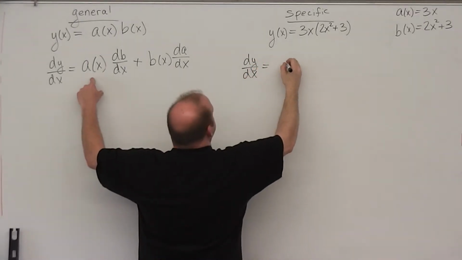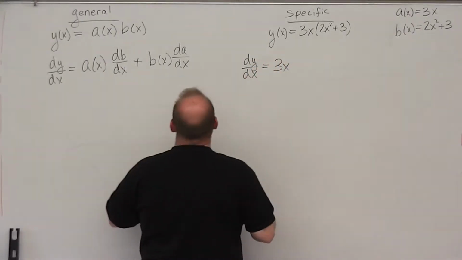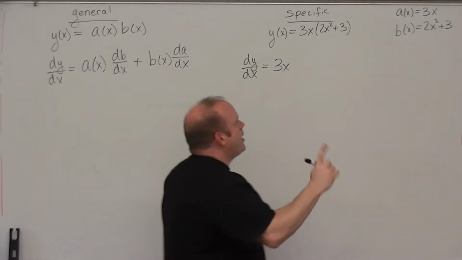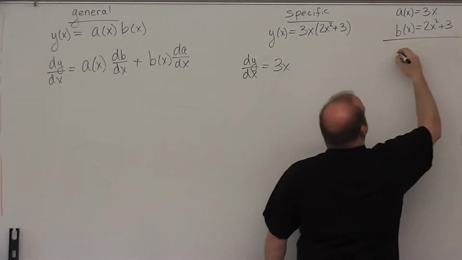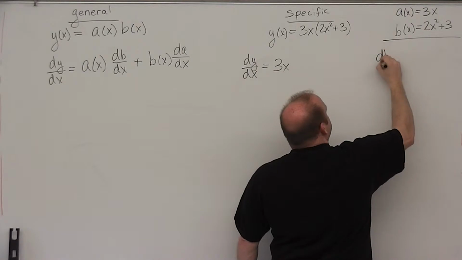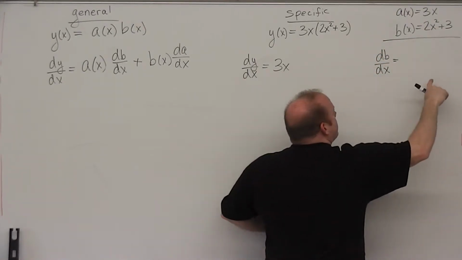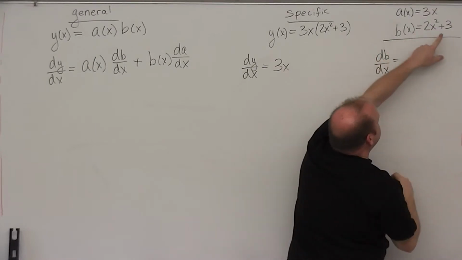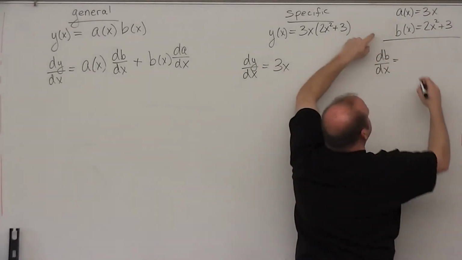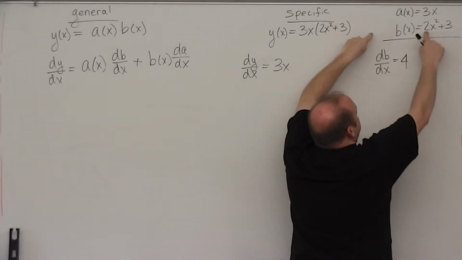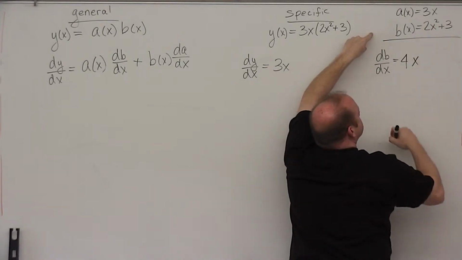will equal a of x, which is 3x, times dB dx. Now, here's where I have to go over something with you guys. dB dx is going to be the derivative of this. So right here, this is 4x.